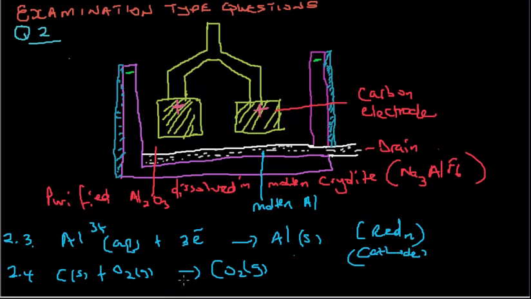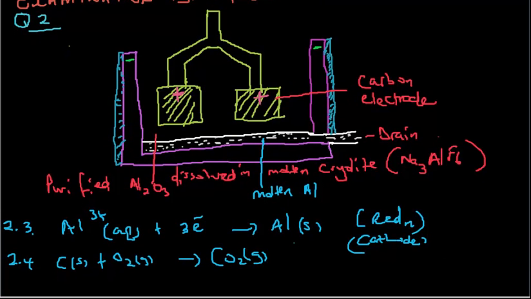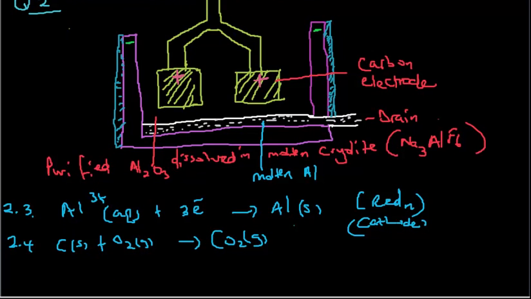So we know that at our anode, our oxide ions are being converted to oxygen gas. So we have our oxide ions in aqueous form producing oxygen plus 4 electrons. As you can see, we have a loss of electrons.